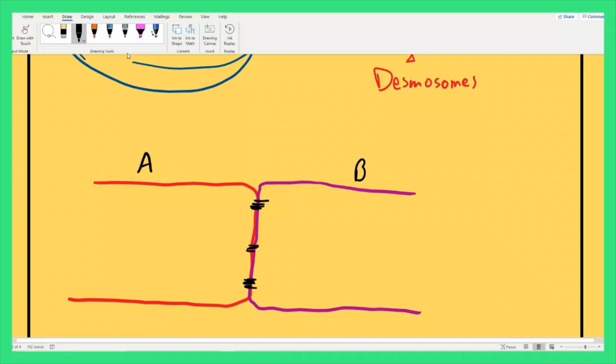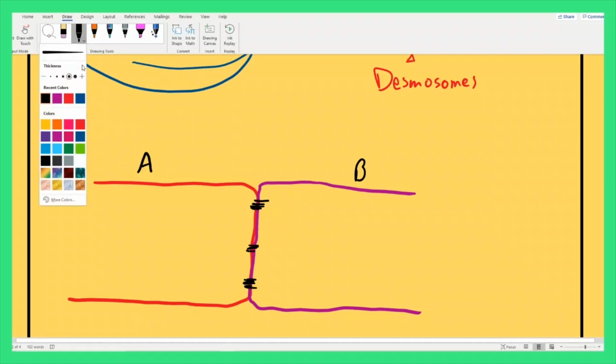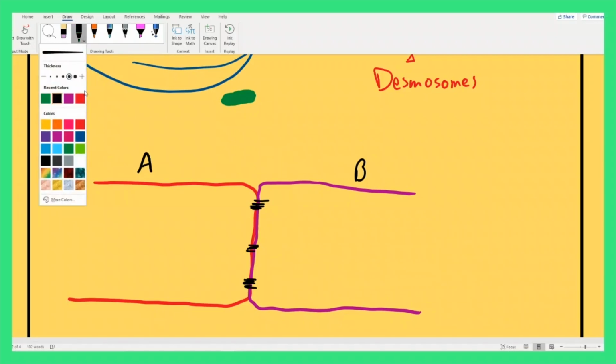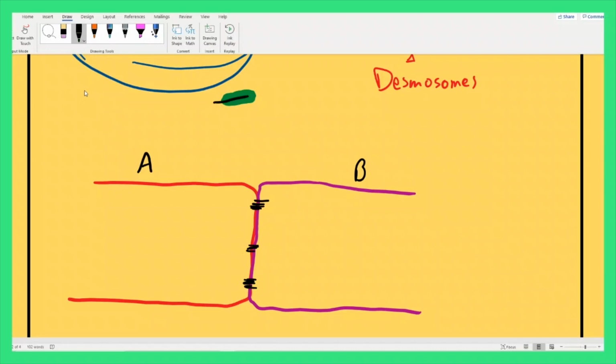Also, we have the gap junctions. A gap junction is when two proteins in neighboring cells fuse together into one globular protein that forms a channel, a tunnel between them.